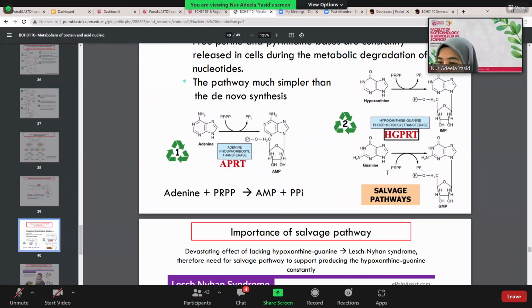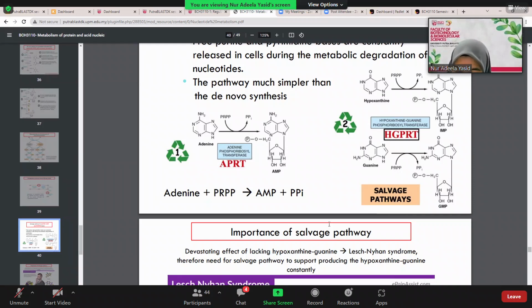So the accumulation of PRPP will lead to apa? Go back to the purine biosynthesis, tengok what happened to PRPP. What happens if we have a very high concentration of PRPP? It will activate one enzyme. Nanti you check balik enzyme apa, aminotransferase something, I can't remember. So it will activate that enzyme, and it will accelerate the synthesis of purine.